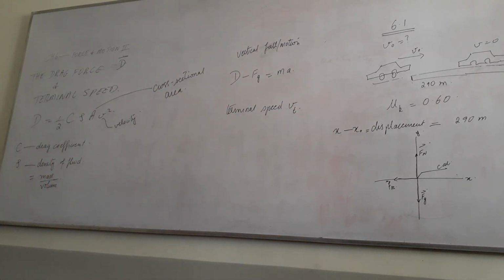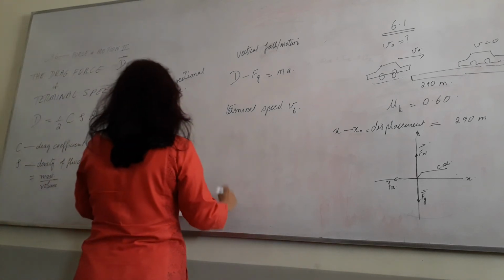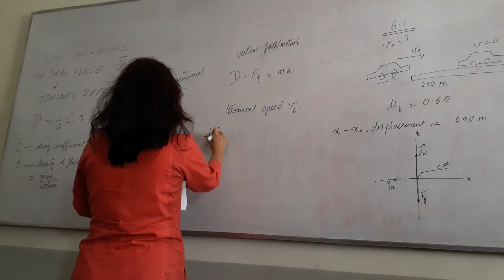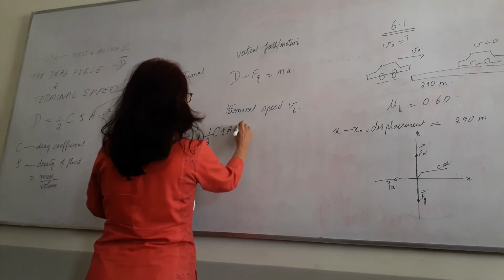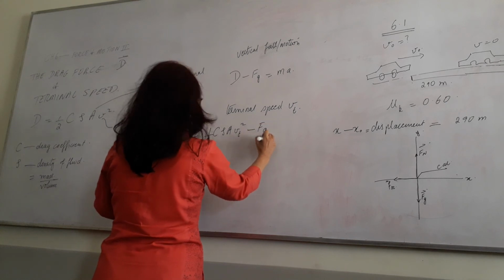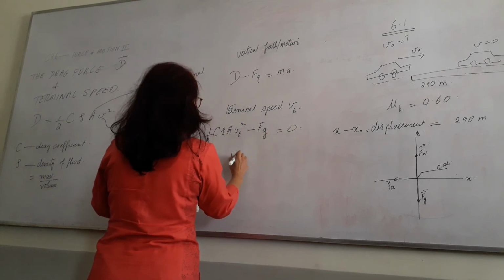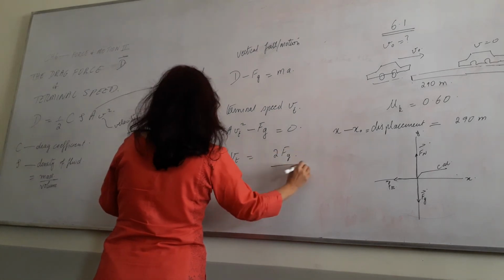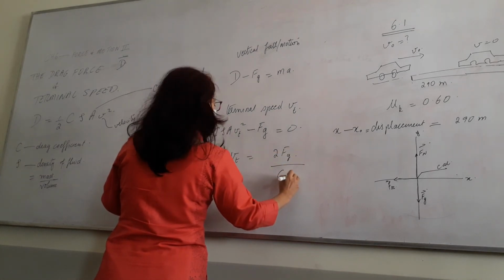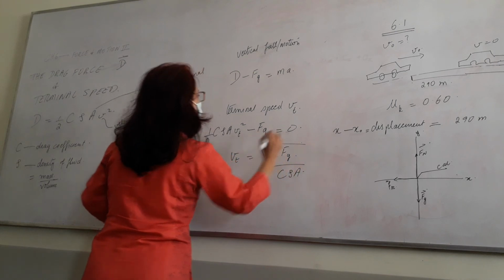Okay. And in order to find the value of this terminal speed, we can put the values where the drag force and Fg become equal to each other in the above equation, and we can calculate the value of Vt, which comes out to be the square root of 2Fg over C rho A. Is that clear?